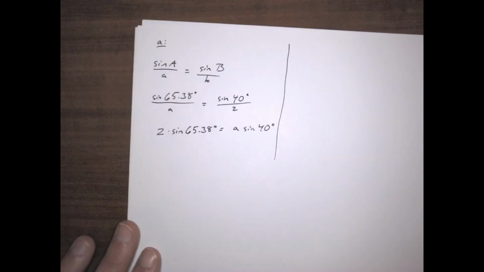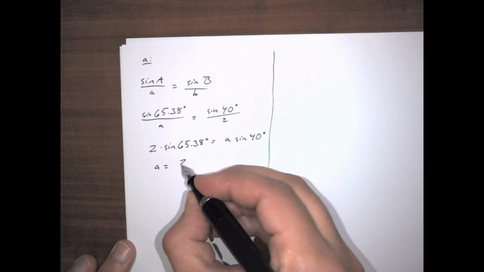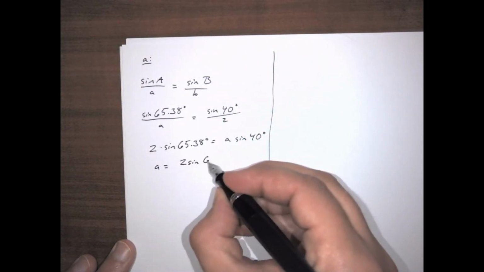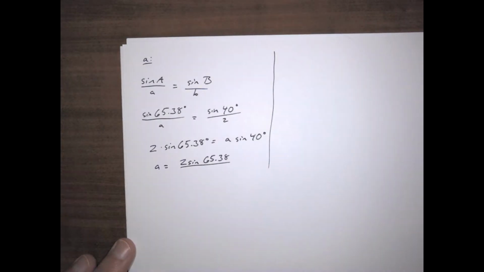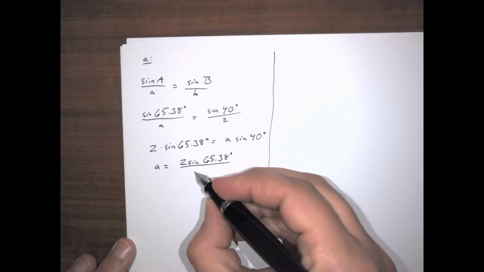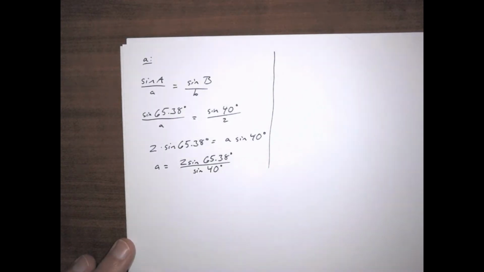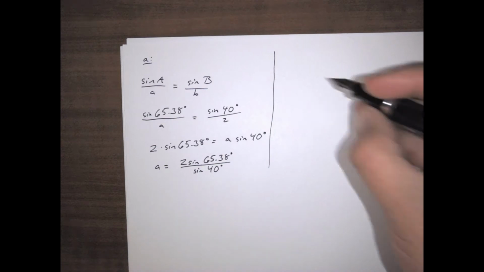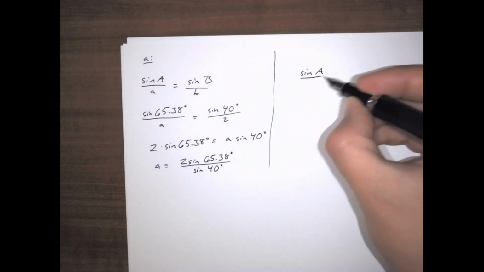So a equals 2 sine 65.38 degrees divided by sine of 40 degrees. And before I calculate that, it will go the exact same over here.